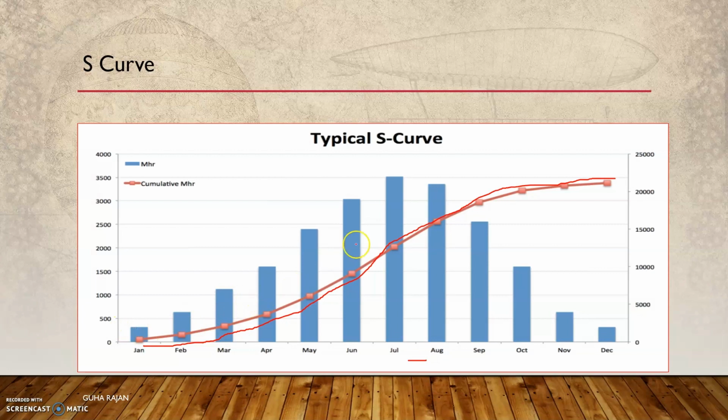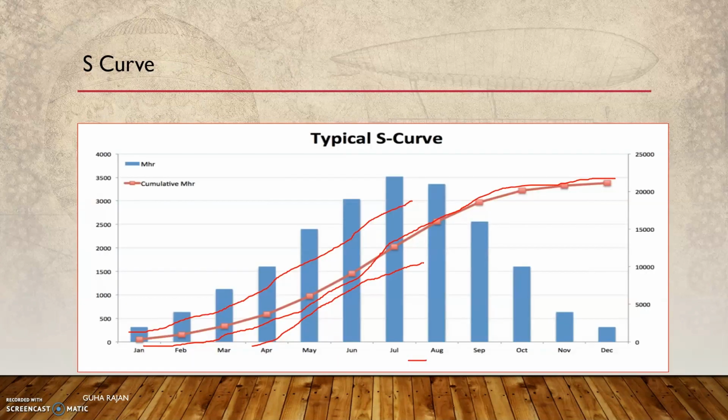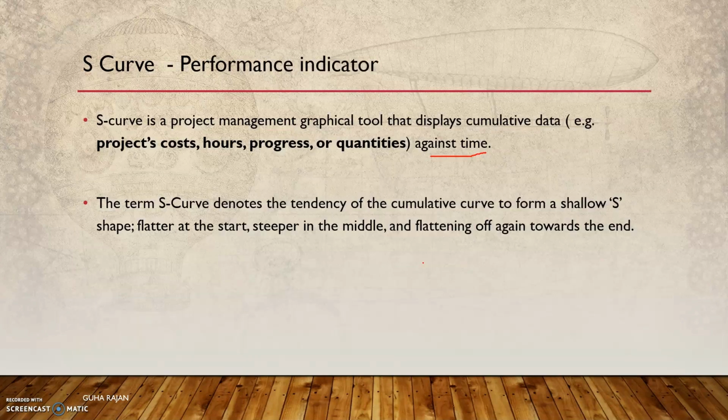If you're overspending, the other plot will be on top of this one. That means you're overspending. Sometimes it is below, which means you are spending less than planned. It depends on the time. You plot the cost, hours, progress, and quantities. So the S curve is a graphical tool to represent the earned value analysis.